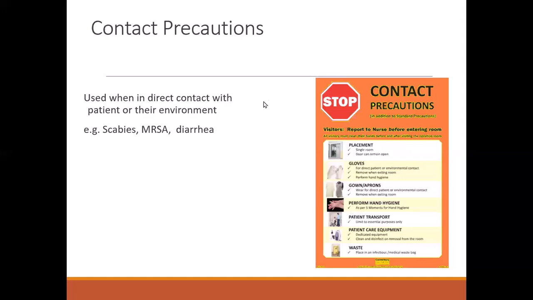Okay, so how do we notify the co-workers or the visitors that there is a contact, droplet or airborne infection? If we have a patient with MRSA, you received a lab report with positive MRSA, how will you place the patient in isolation?